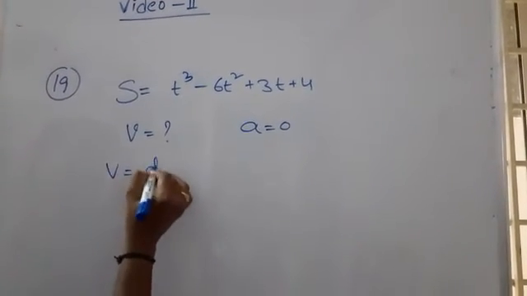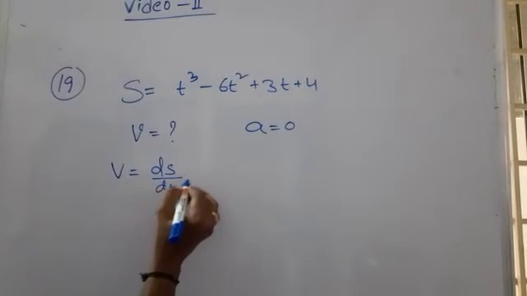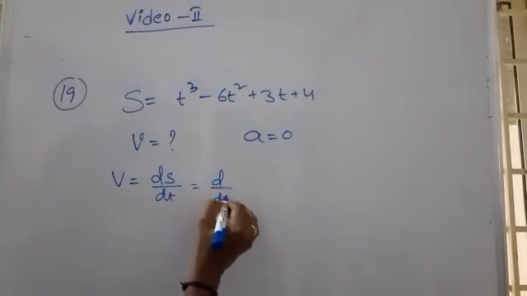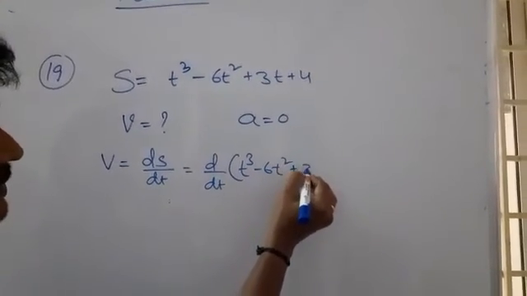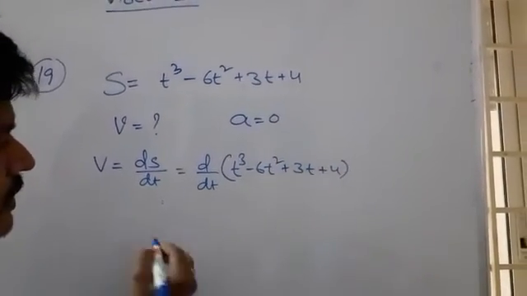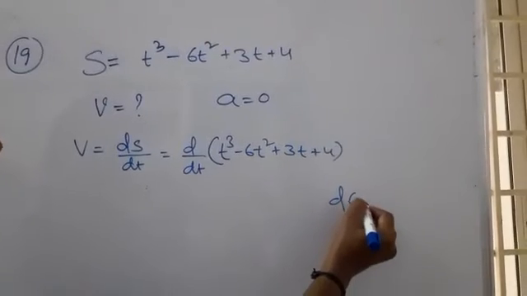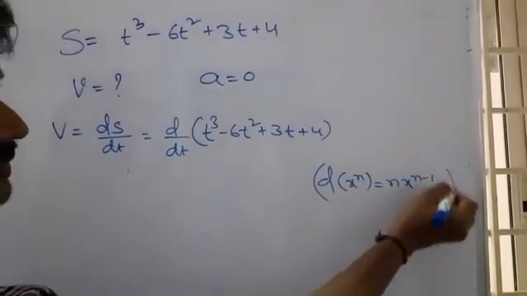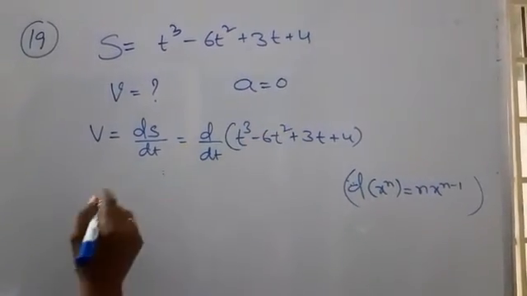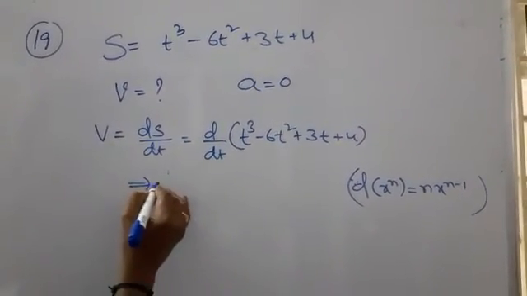Velocity is the rate of change of displacement. Therefore d by dt of t cube minus 6t square plus 3t plus 4. The derivative of x power n is n into x power n minus 1, and we apply the same formula to this expression.